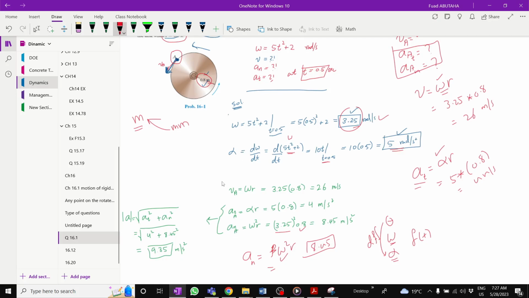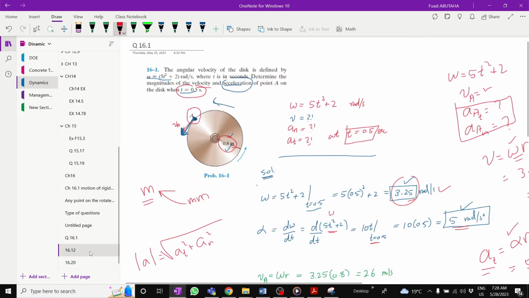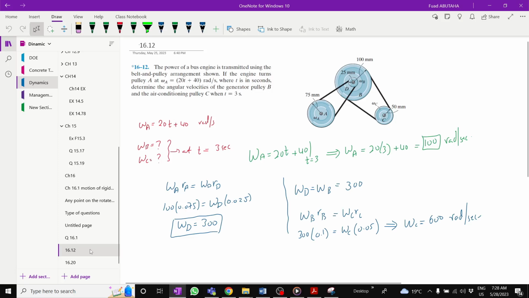He asked for the magnitude, so the magnitude of A is equal to the square root of A tangent squared plus A normal squared, and we'll end up with this value. So this is the simplest question that you can see related to these equations, or related to this chapter.